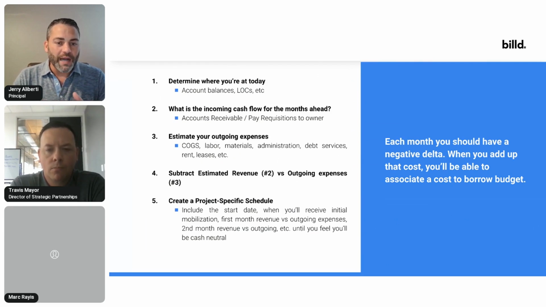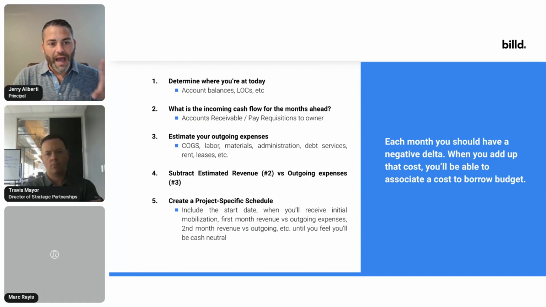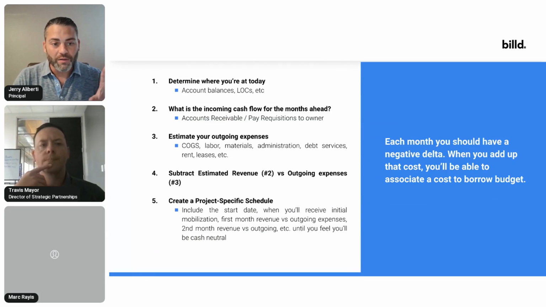So what I like to do is develop a simple Excel spreadsheet where you're going to have your mobilization, and you're going to factor in your retention as well, which is typically 10%. And then you're going to go out X amount of months to wherever you feel you're going to become cash flow neutral.